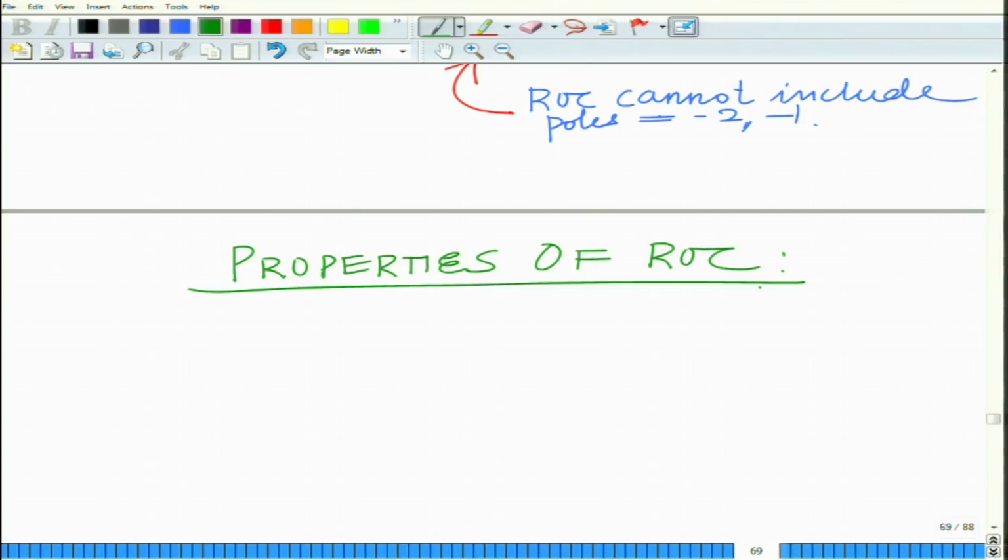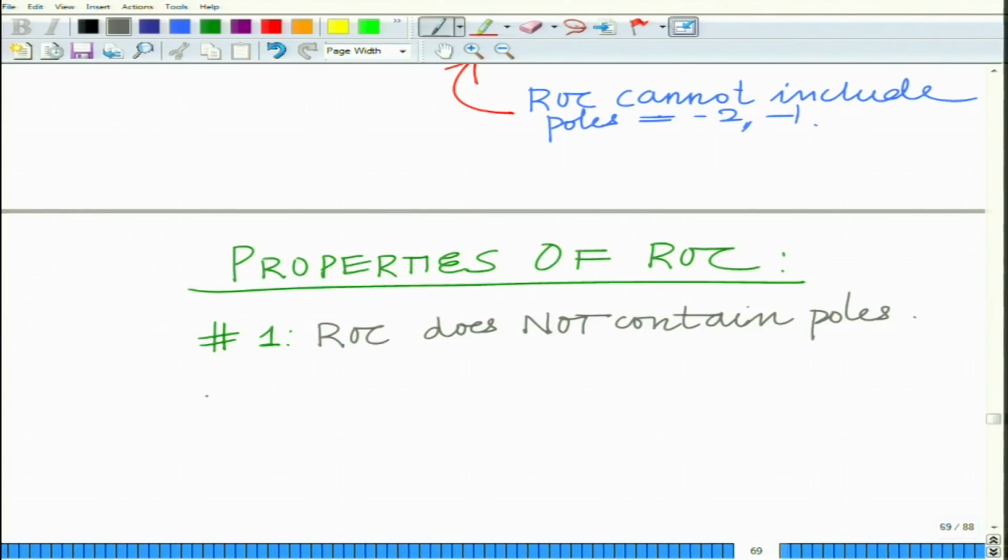Now, the properties of ROC. The first property, as we have already seen, is that ROC does not contain poles.